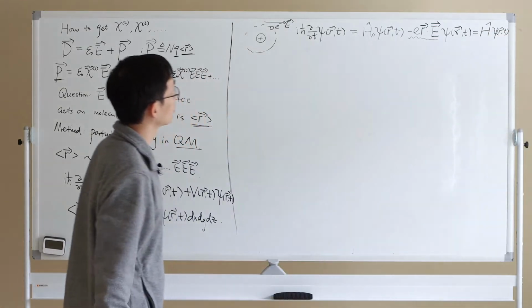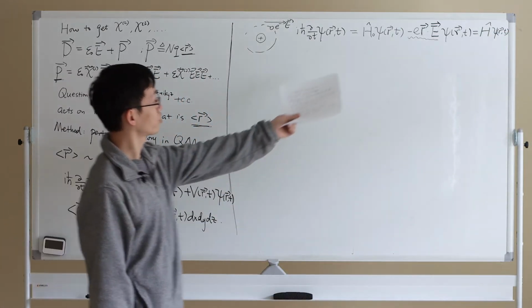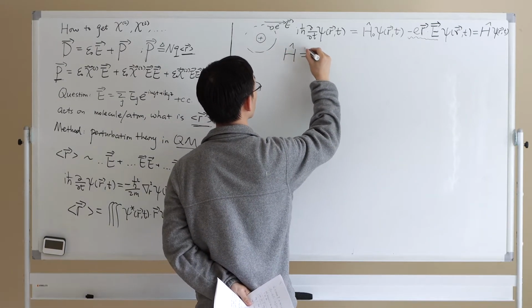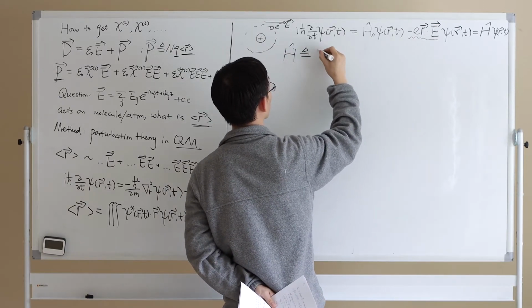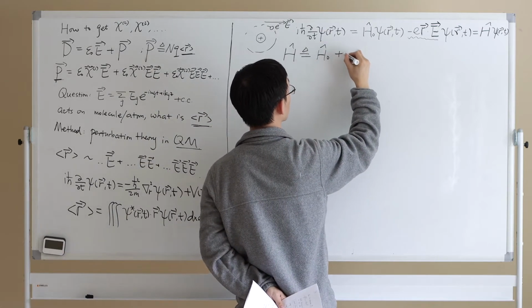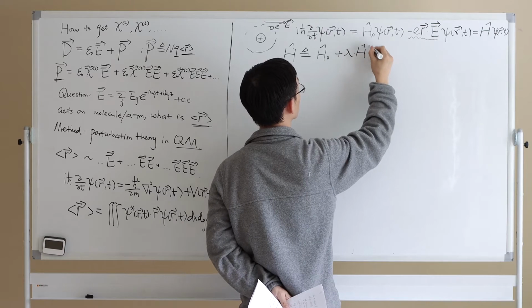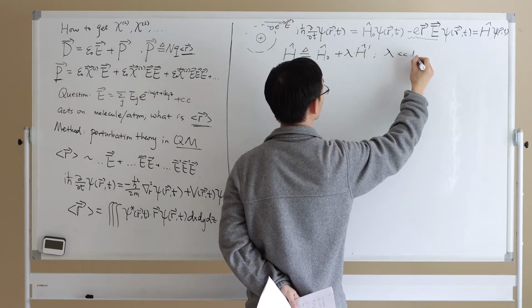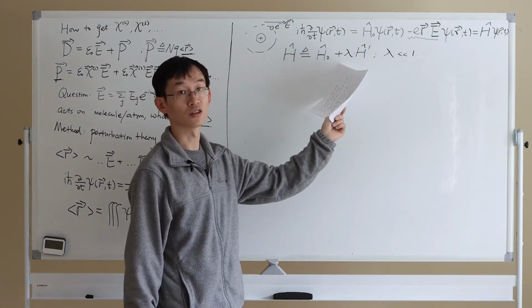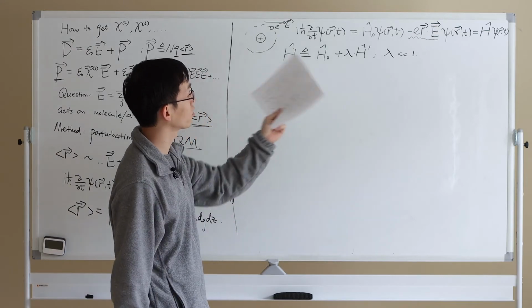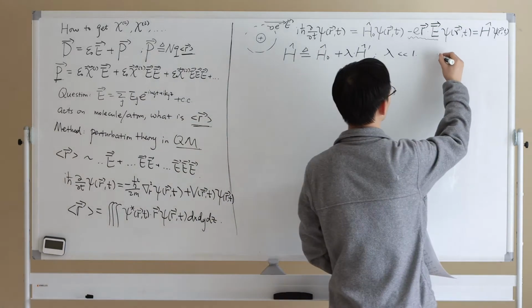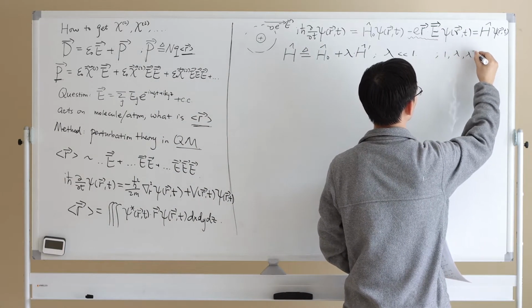Okay, and to show that this is really a perturbation, we define H, these two combined, equals H naught, the original Hamiltonian, plus lambda times H prime, with lambda much, much smaller than 1 in this definition. So that tells you that this is a perturbation. Later, when we calculate the wave function expansion, you can have lambda, lambda squared, and keep going.